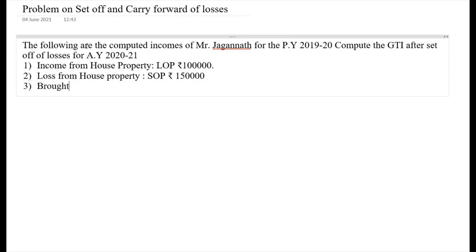Brought forward loss of SOP rupees 50,000.